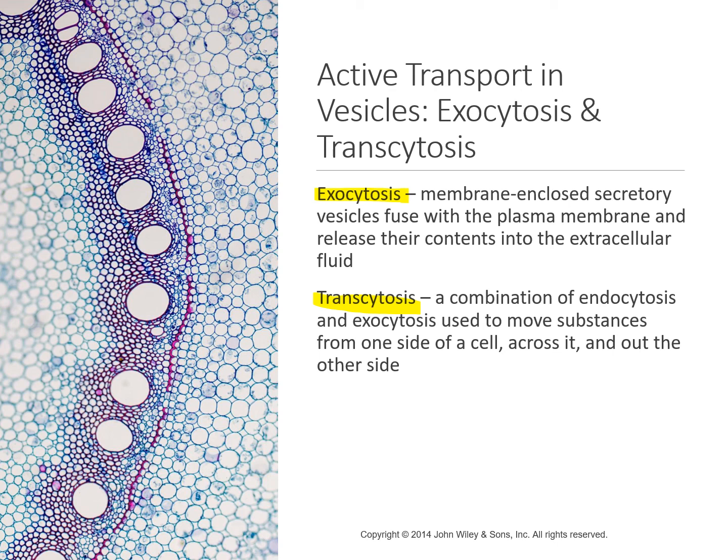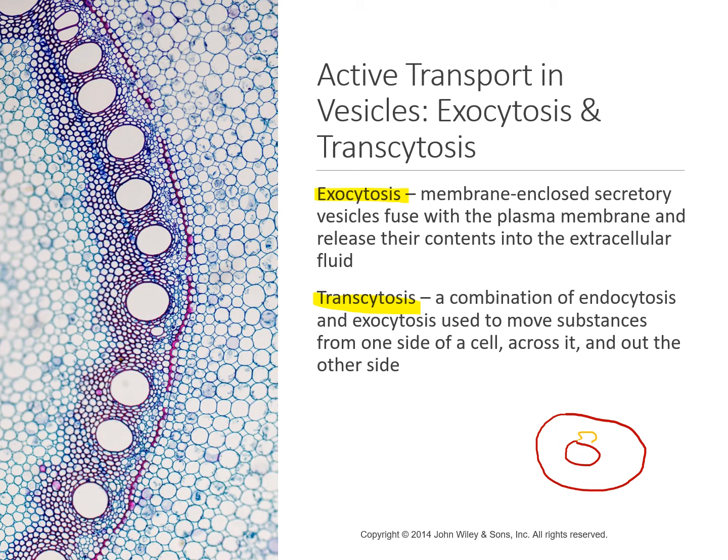So it's kind of like we have here. This is like a blood vessel, for example. I'm making the lining of the blood vessel very thick, just to show how it would look. So here we would have endocytosis of the vesicle.